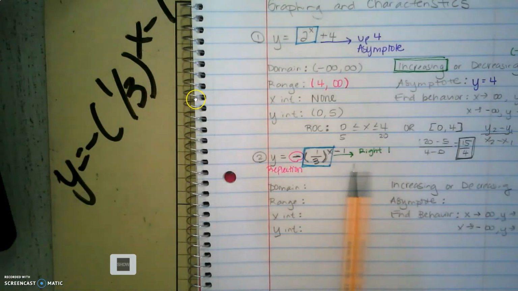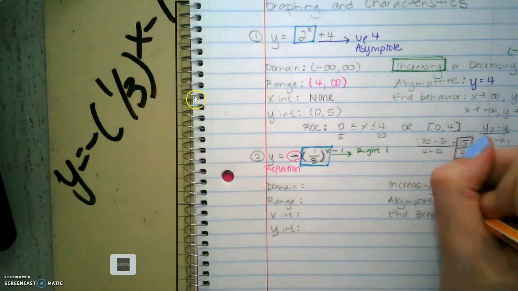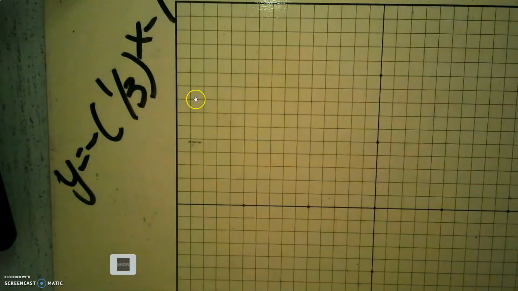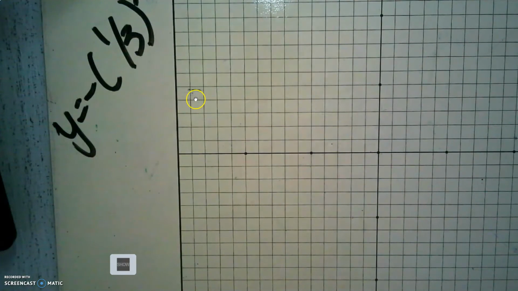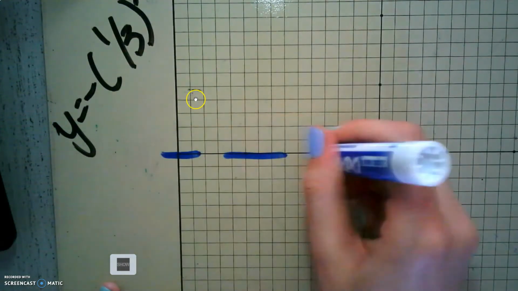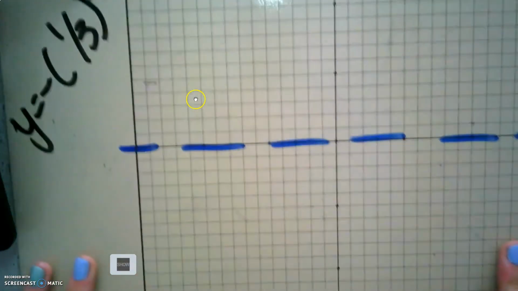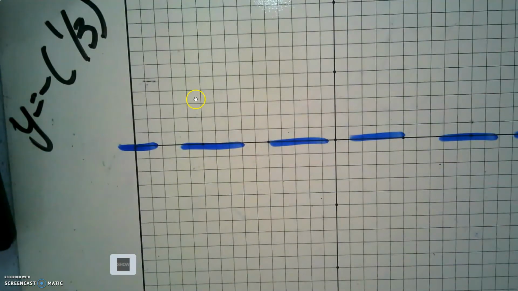What's my asymptote? If nothing's written there, your asymptote is at y equals 0. So let's graph that on our graph here. Right across this x-axis, I'm going to write y equals 0. There's my asymptote. I can't go past that. So then let's look at our table we made here.